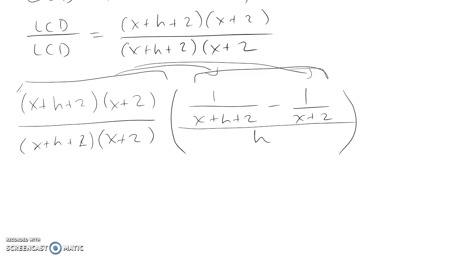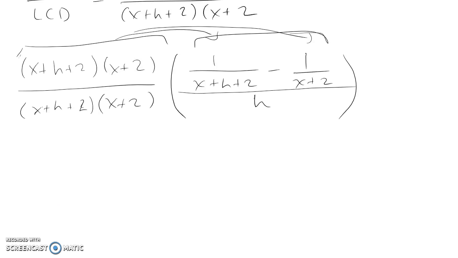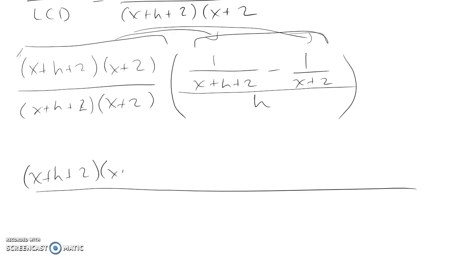Okay, so I'm going to rewrite this multiplication like this. I'm going to write a big fraction bar. x plus h plus 2 times x plus 2 first gets multiplied by 1 over x plus h plus 2.